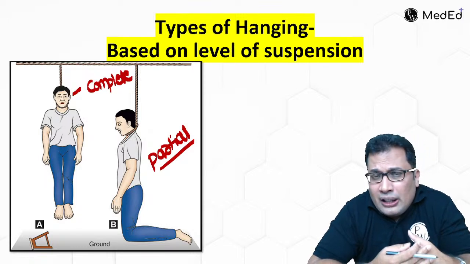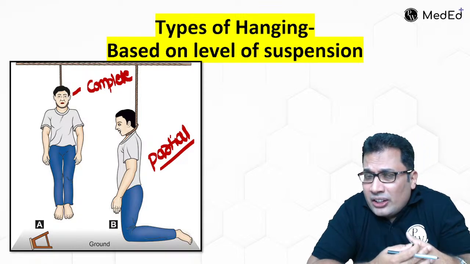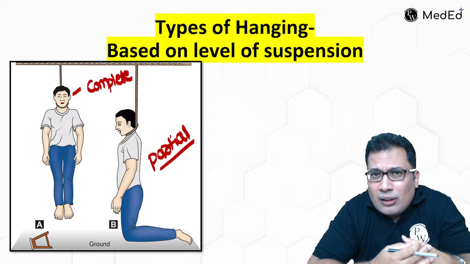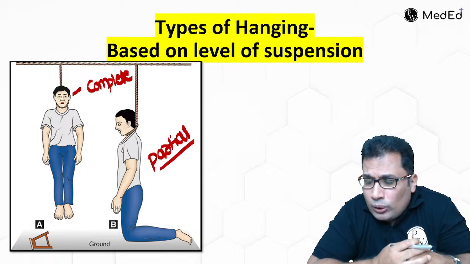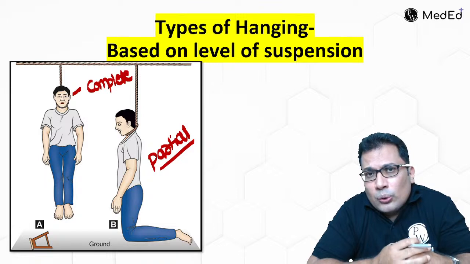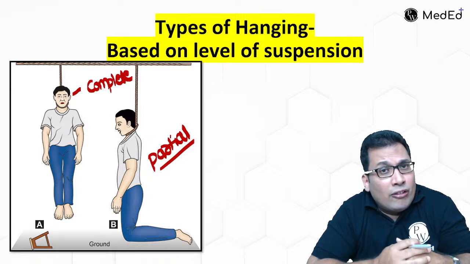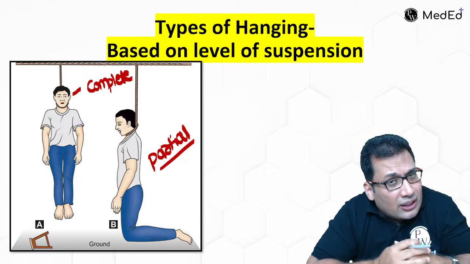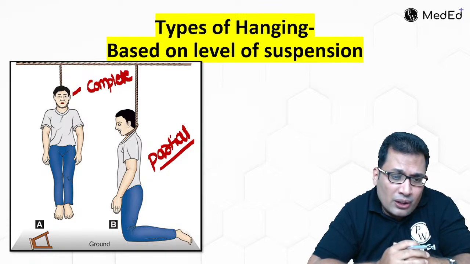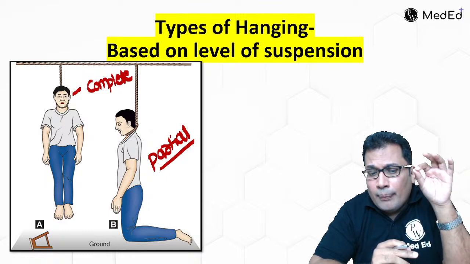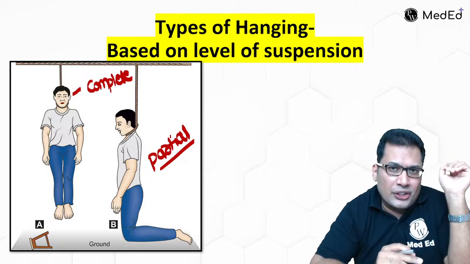So in partial hanging, some body part is touching the ground. In case of complete hanging, no body part is touching the ground. And one more point to remember: in complete hanging, the weight of the body acts as a constricting force. In partial hanging, the weight of the head acts as a constricting force. So this is one classification based on the level of suspension.